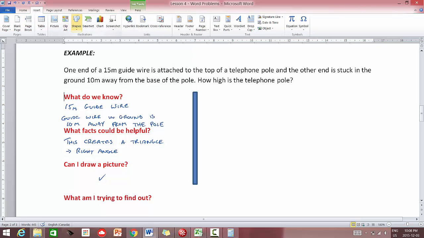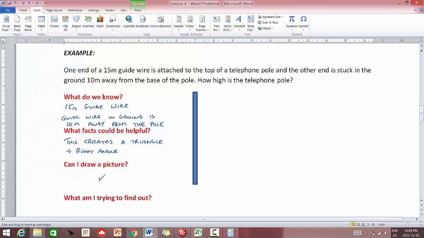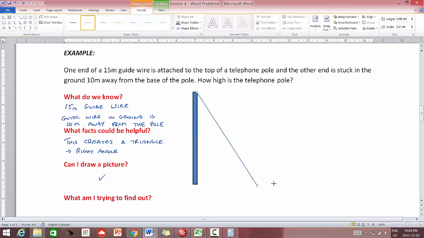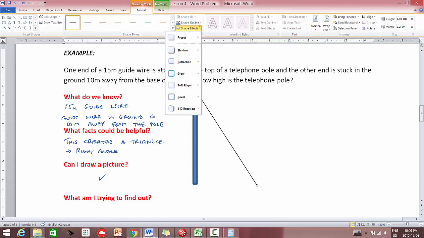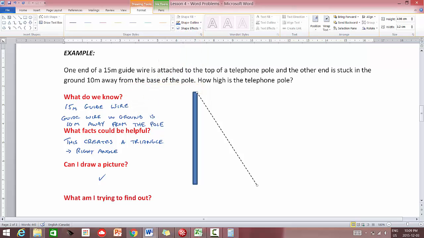Maybe I can give you a dotted line here. This guide wire will go from the very top of the pole right down to the ground. Okay, there's your guide wire.